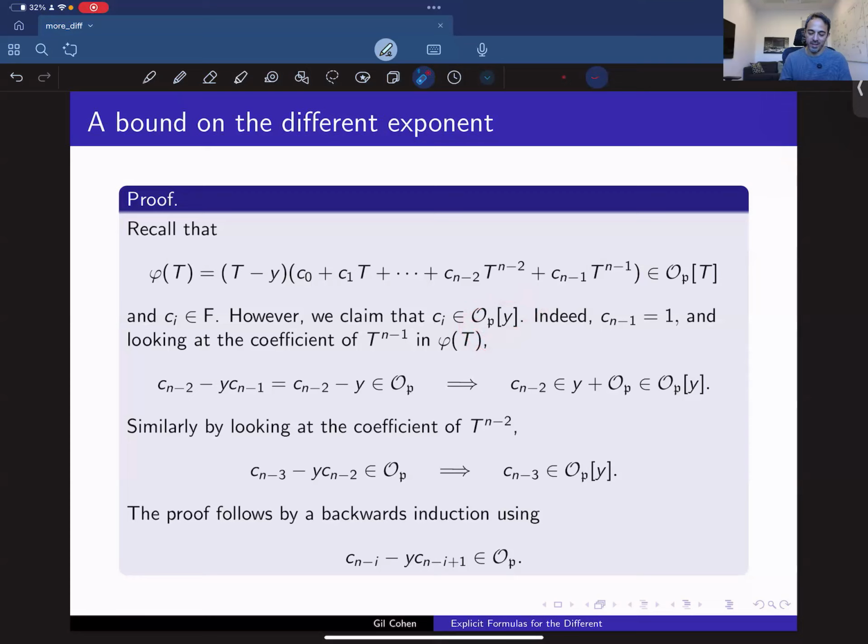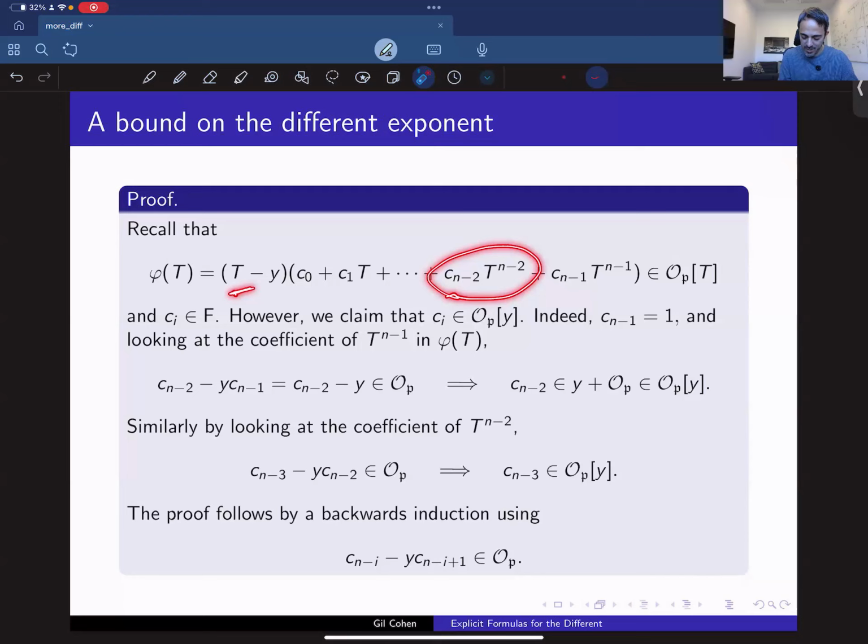What about c_{n-2}? Well, let's look at the coefficient of t^{n-1}. So I'm looking at this times t, right?